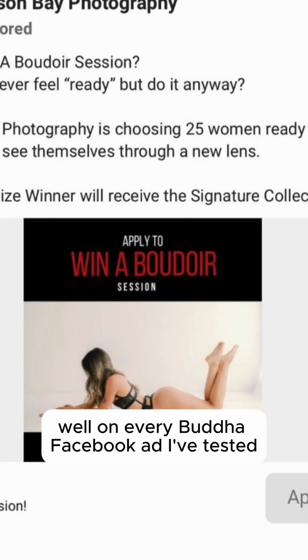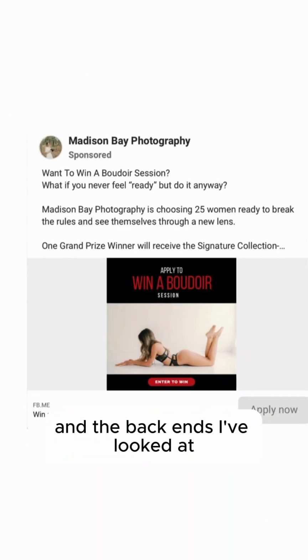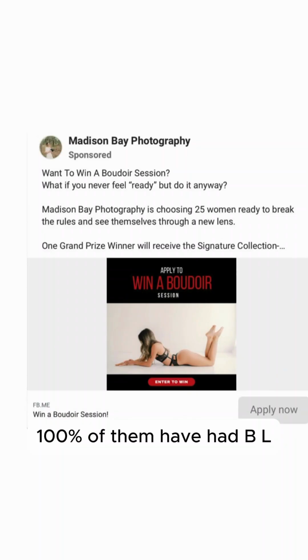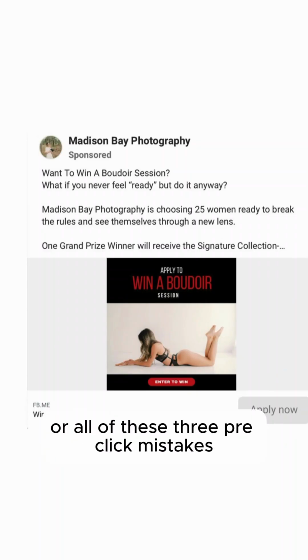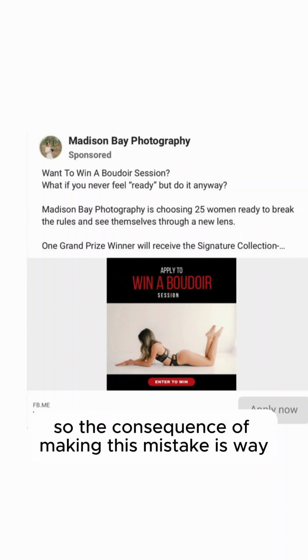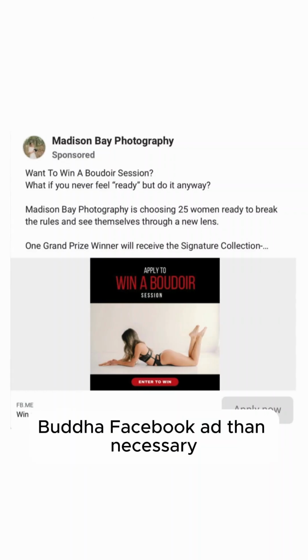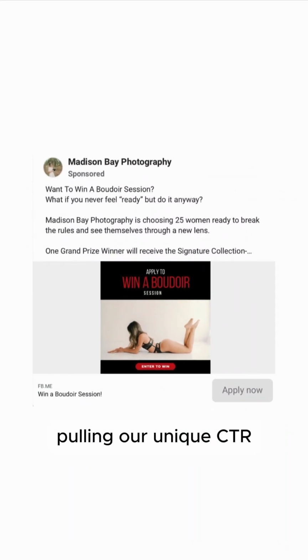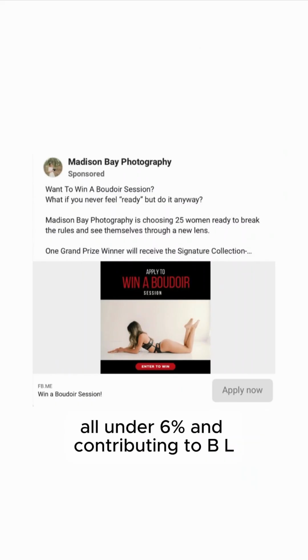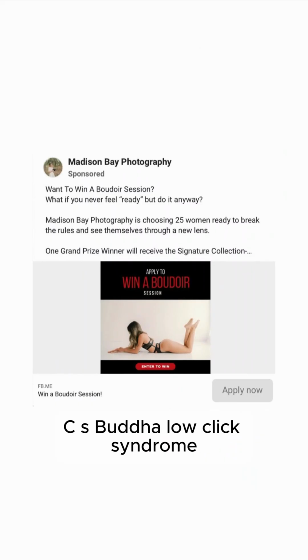Well, in every Boudoir Facebook ad I've tested and the backends I've looked at, 100% of them have had BLCS, Boudoir low click syndrome, because they're making some or all of these three pre-click mistakes. So the consequence of making this mistake is way, way, way more women scrolling by our Boudoir Facebook ads than necessary, pulling our unique CTR under 6% and contributing to BLCS, Boudoir low click syndrome.